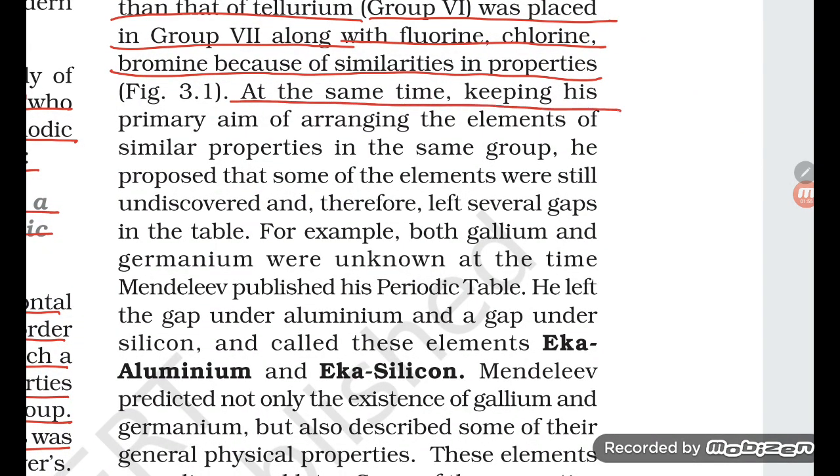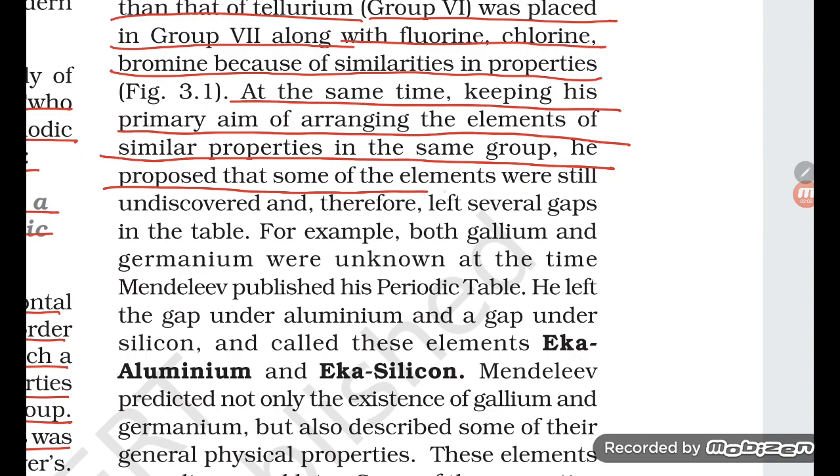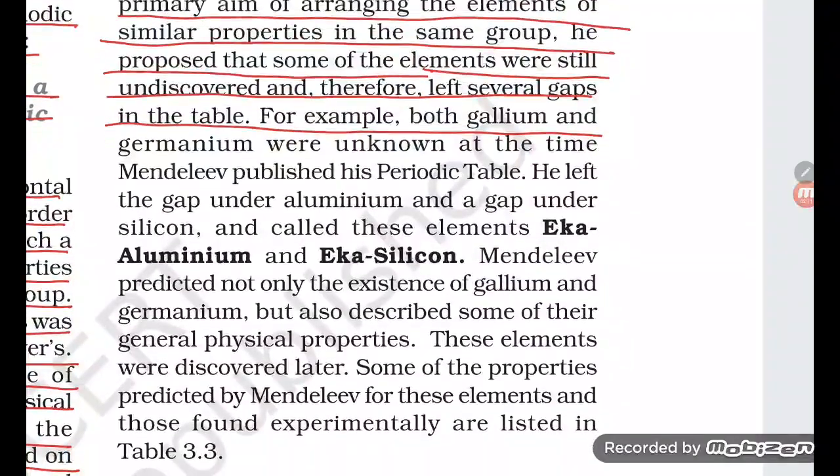At the same time, keeping his primary aim of arranging the elements of similar properties in the same group, he proposed that some of the elements were still undiscovered and therefore left several gaps in the table. For example, both gallium and germanium were unknown at the time Mendeleev published his periodic table.